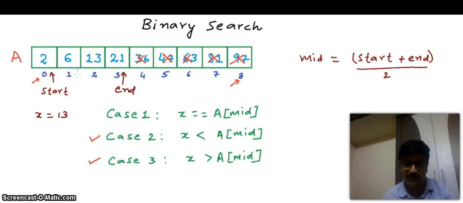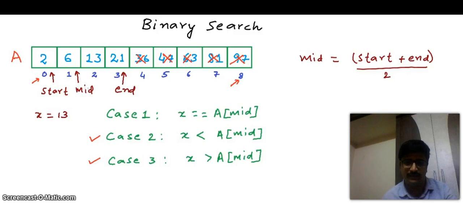Now we again find out the middle element in this reduced search space. Here the middle element will be (3 + 0) / 2, and if we take only the integral part of 1.5, the middle element will be index 1. Once again, is it equal to x? No, 6 is not equal to 13.